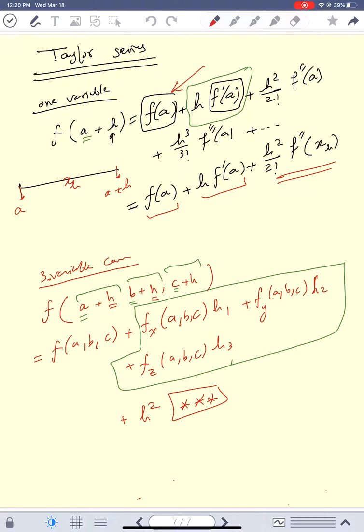I really don't care what this quantity is, but it will be a certain quantity in terms of h squared. Very similar to this. You can revise, so if you just Google Taylor series for functions of 3 variables, you will see the formula. Now, this is not our goal, but I just needed to remind you of this quantity.